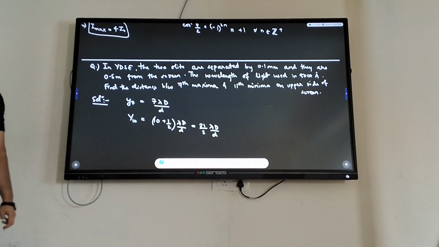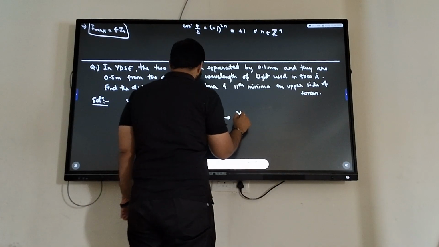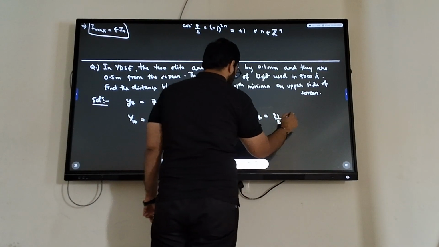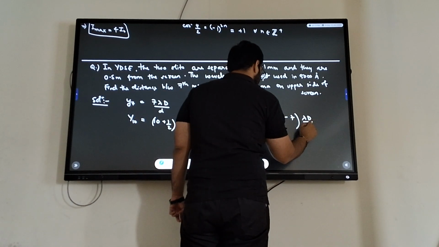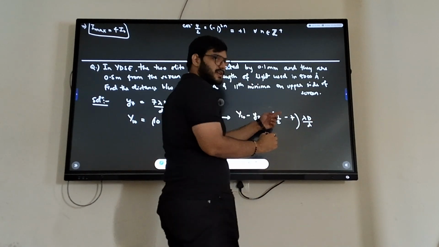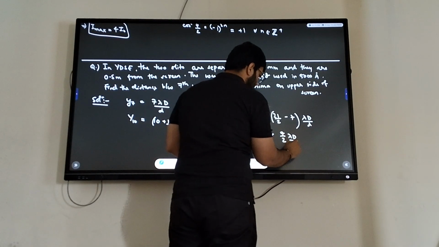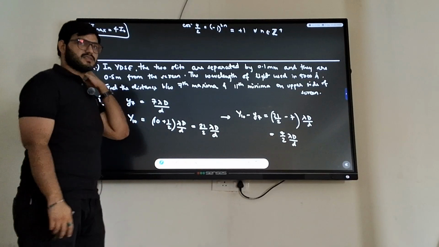Yes or no? Then what is the separation between the two? y10 minus y7, that's 21 by 2 minus 7 lambda D by small d, that will be 14 minus 7, so 7 by 2 lambda D by d. यही आना चाहिए. And now substitute and get the answer.